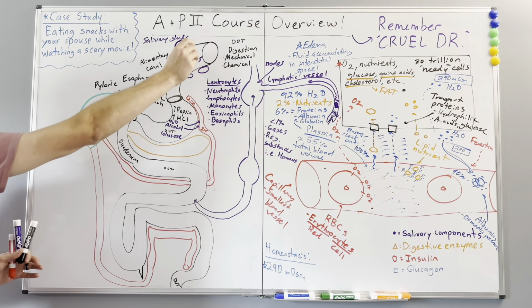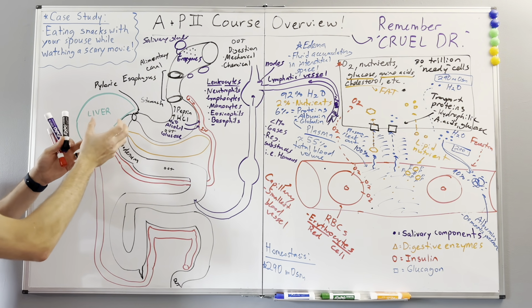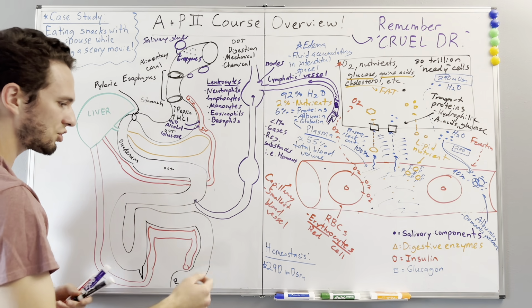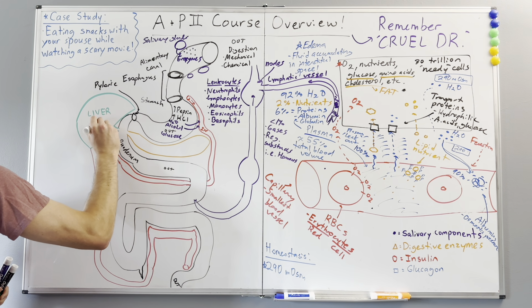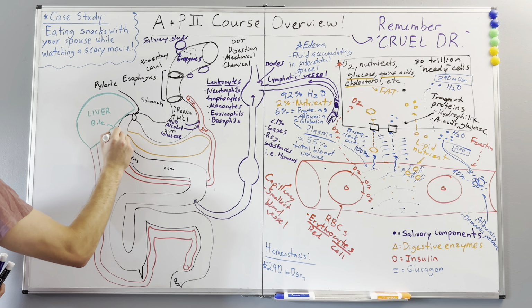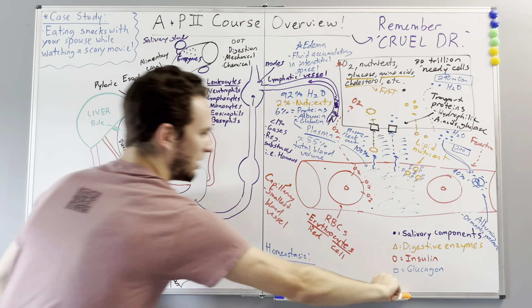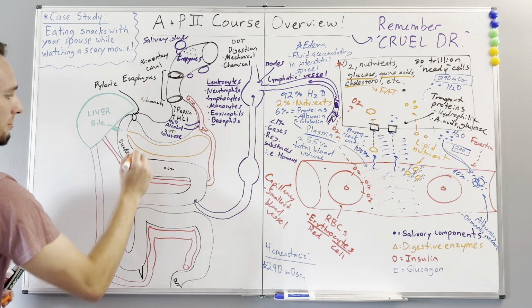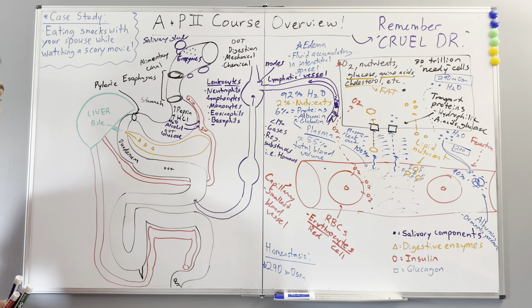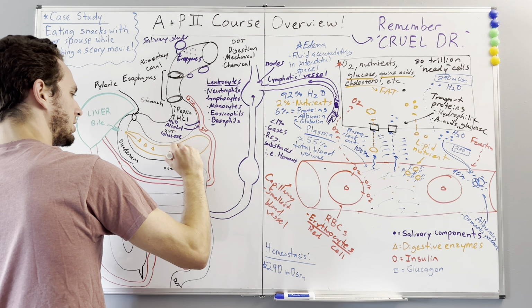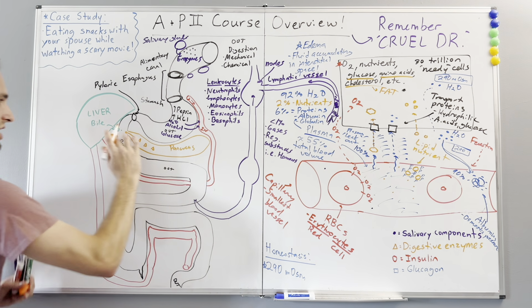So although we've broken a bunch of stuff down, we still need to break things down further. So we will have the components from the liver, things like bile that will help us digest and emulsify fats. And we'll also have different pancreatic digestive enzymes coming, obviously, from the pancreas, passing through the pancreatic duct. So again, this is the pancreas here, putting those digestive enzymes in.